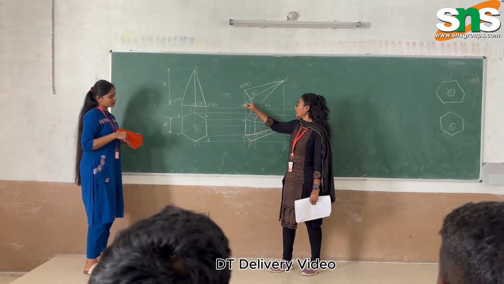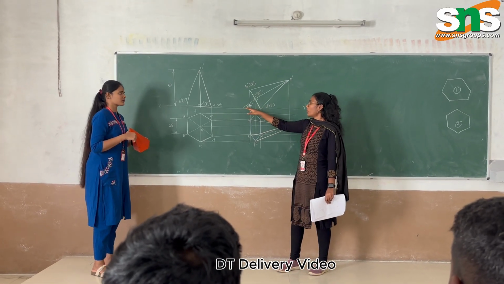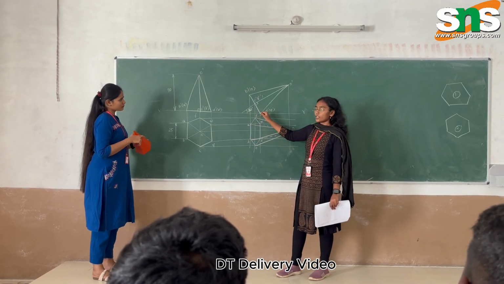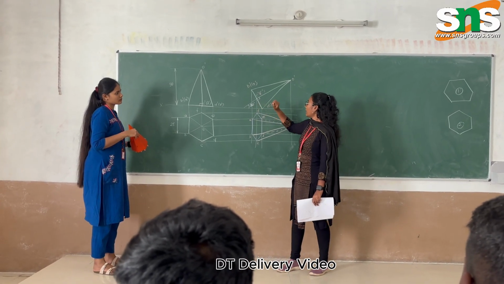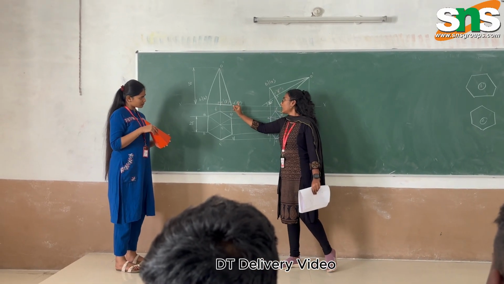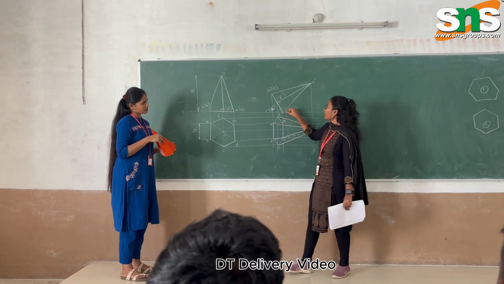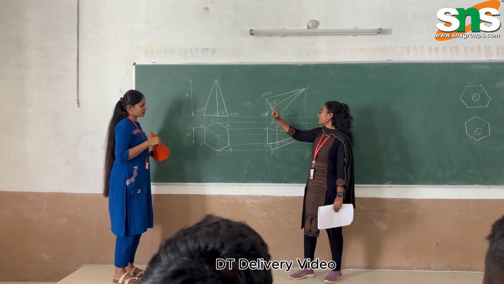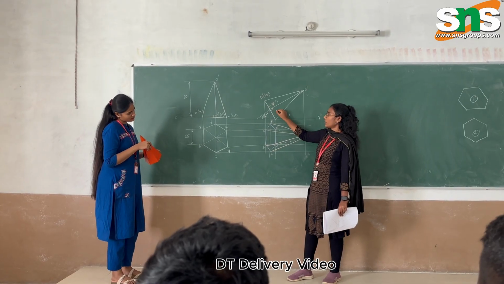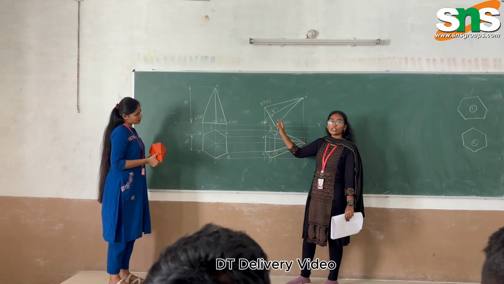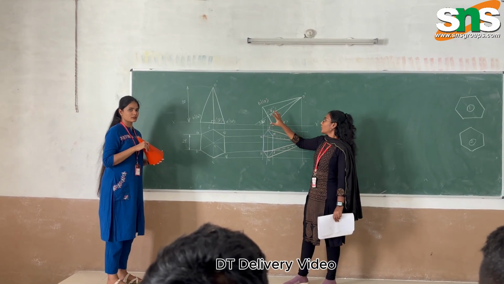So when it is 60 here, automatically we will get 30 here. We take a protractor, mark 60 degrees, and measure this length, that is B dash A dash and D dash E dash total length, and draw a line over here. Then we measure the B dash A dash length and draw it, as well as the C dash F dash length.